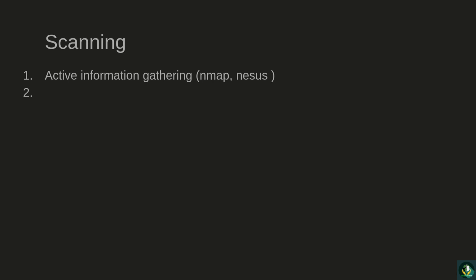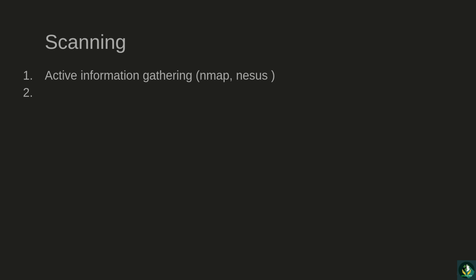The second one is scanning. Scanning means actively gathering the information. So we have done this many times using Nmap, using Zenmap, using NetDiscover, and also a lot of other tools. And in the future we are going to use many more tools. You will be familiar with each of them. And we also have Nessus beside Nmap.